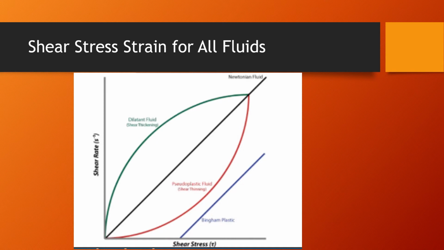Why thinning? Because the viscosity is decreasing. It is becoming more liquidy in nature. The green curve is an example of dilatant fluid where shear thickening is happening and viscosity is increasing with application of shear.